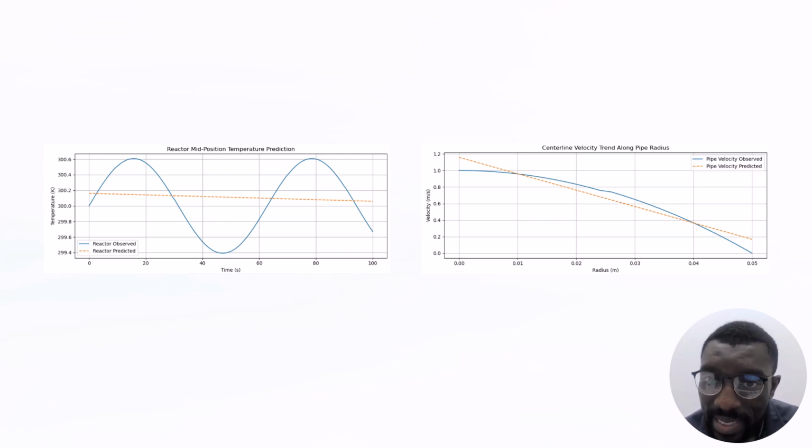On the right hand side, for the velocity trend along the pipe, the blue line represents the observed velocity and the dotted orange line was the predicted.